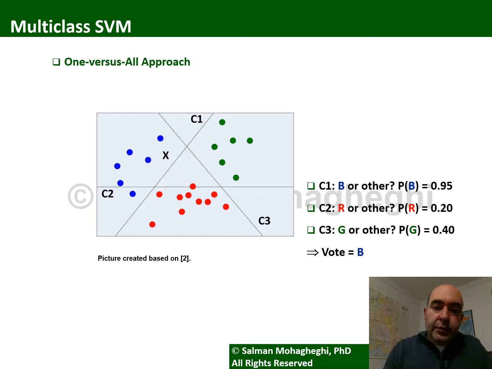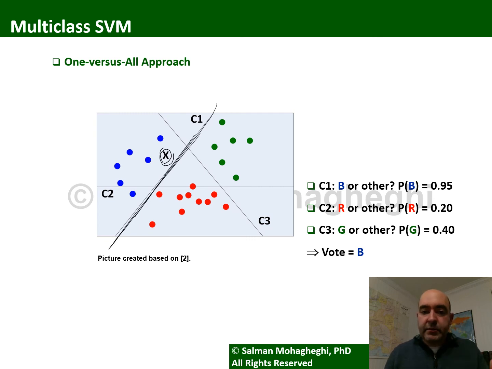The other approach would be one versus all. So here, instead of looking at every pair of classes at a time, I would look at one class versus everybody else. Again, the same problem as before. I have this observation. First, I will say class blue versus everybody else. Imagine this is my decision boundary.